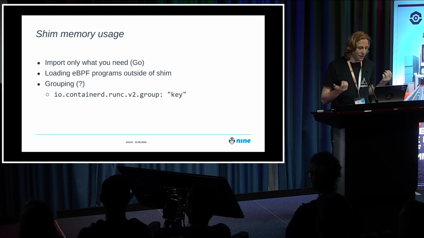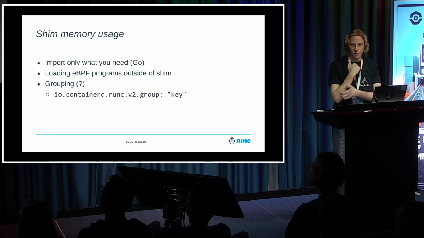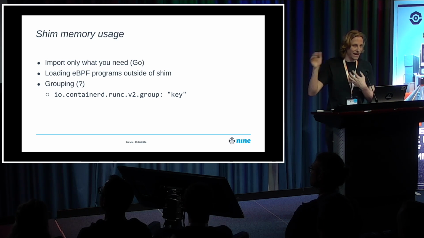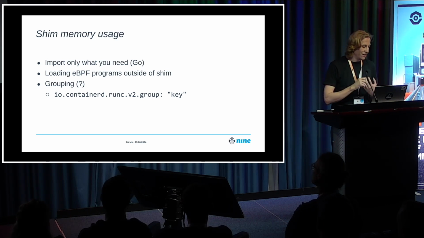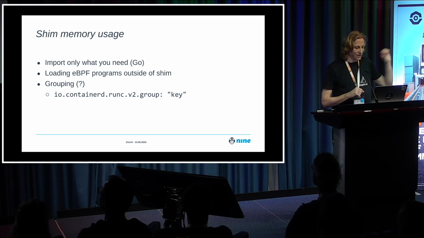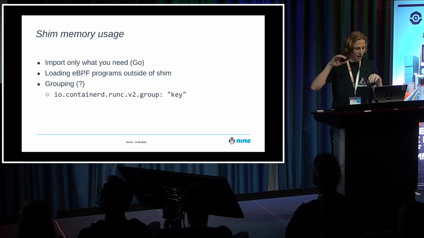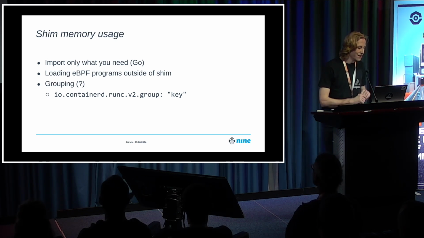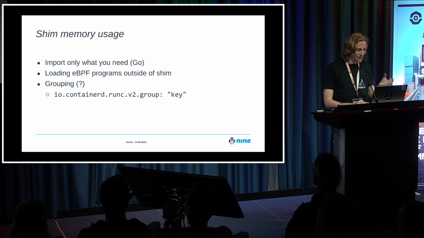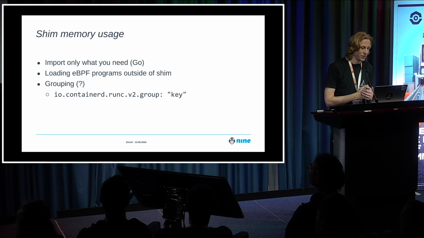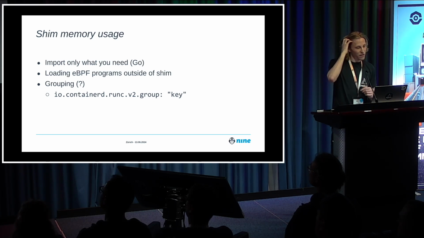It's written in Go, and sometimes if you import some package in Go, that package might do something in init and will allocate memory. And that's something I realized. I had a single constant imported, which imported API machinery. In the end I figured that out, and just moved that constant into my own program, and we're good. Loading eBPF programs is also very memory intensive.